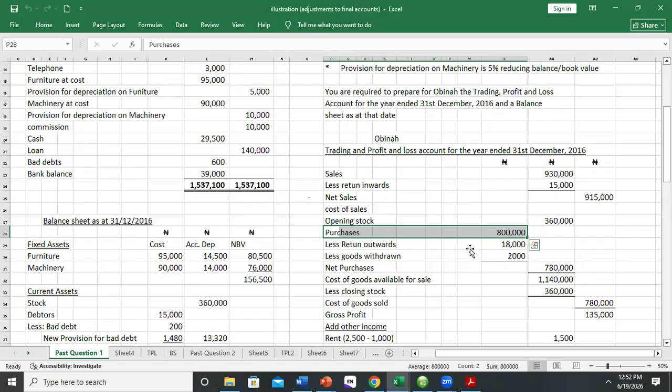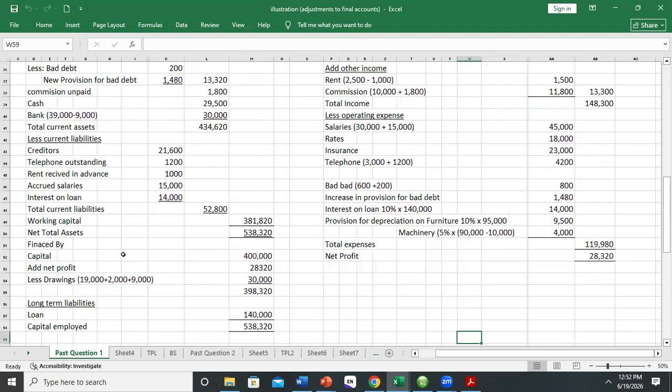And in the balance sheet, we treat it as drawings. So look at it. Under the financed by, capital, less drawings. And you see that 2,000 being added to the drawings to be subtracted from the capital.